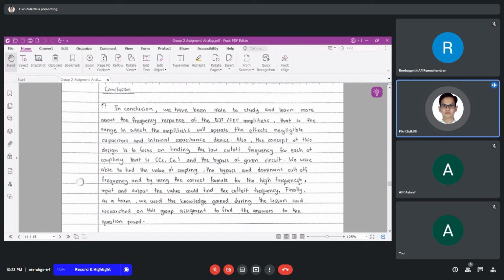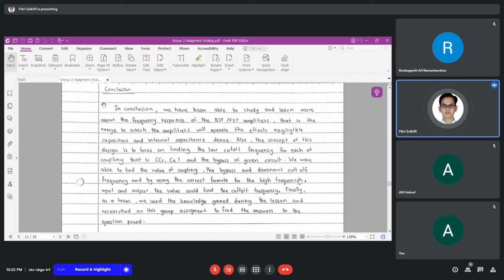In conclusion, we have been able to study and learn more about the frequency response of the BJT FET amplifier. That is the range in which the amplifier will operate, the effect of negligible capacitors and the internal capacitance of the device.